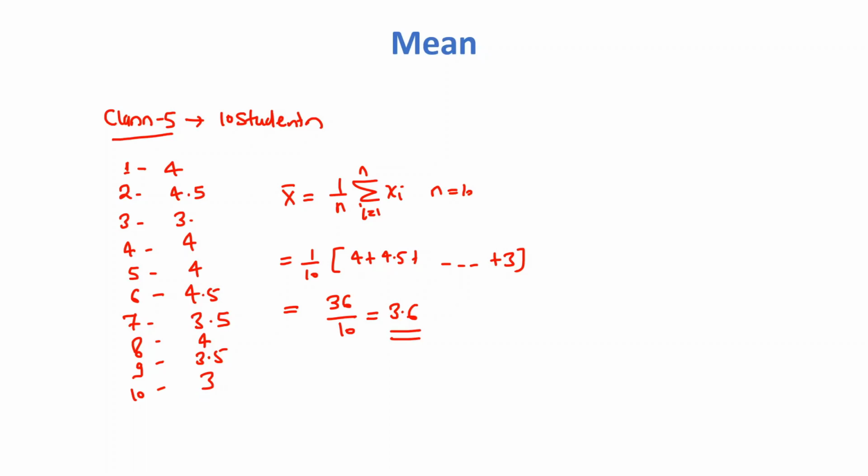Or there is another example. We have a cricket team and we want to know the average score of the team. First player, in cricket we have 11 players.